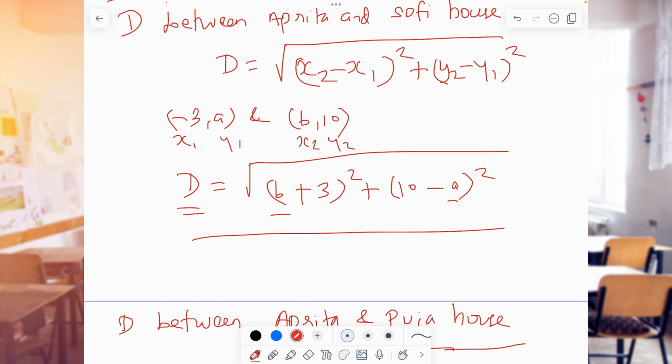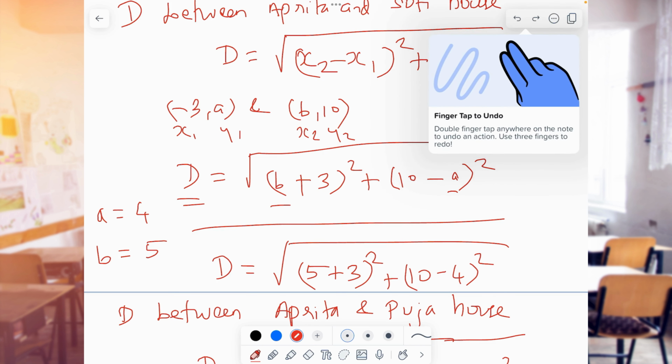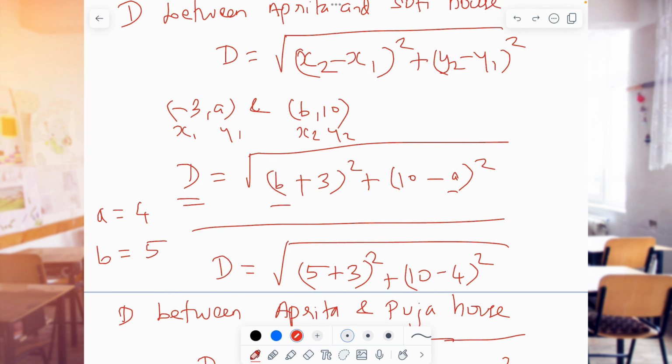So d is equal to root of, in the place of b, 5 plus 3 the whole square, plus 10 minus 4 squared. Here I am adjusting and writing, kindly follow along.